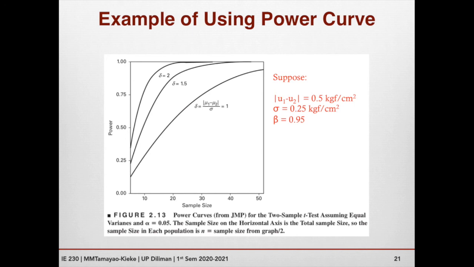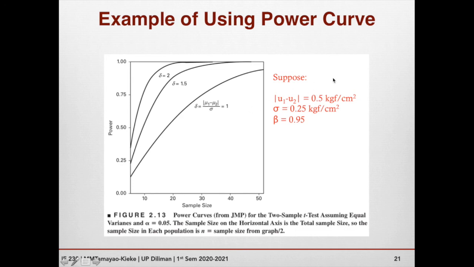Because this is a critical difference in means that we wish to detect, we find that the power curve parameter would be delta equals 0.5 divided by sigma.